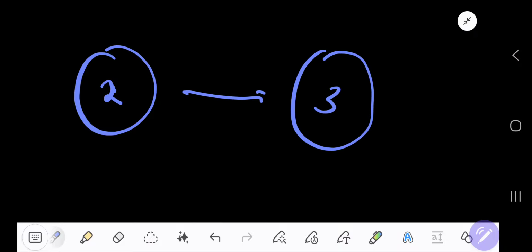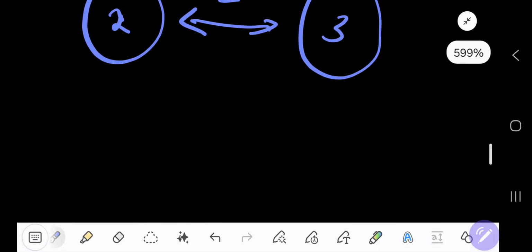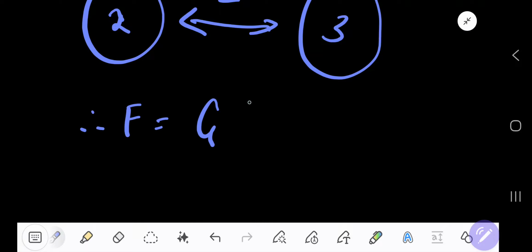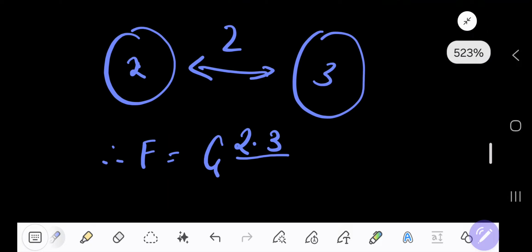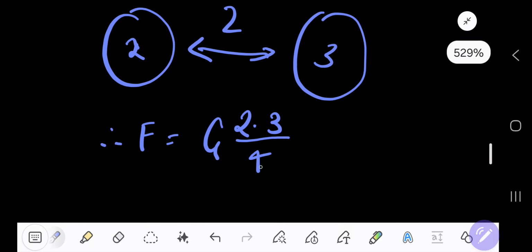I'll give an example. If you want to calculate the gravitational force between two bodies of mass 2 kg and 3 kg, with the distance between them as 2, how would you do this? The force would be equal to the gravitational constant times 2 times 3 divided by the distance between them squared, so that's 2 squared, 4.